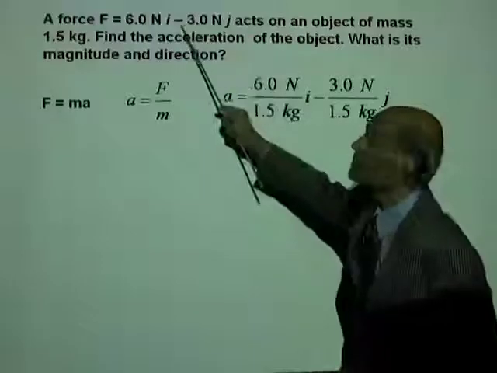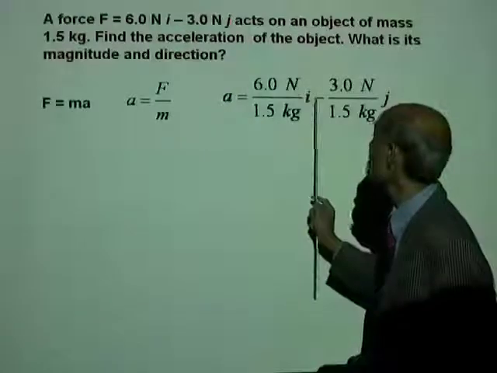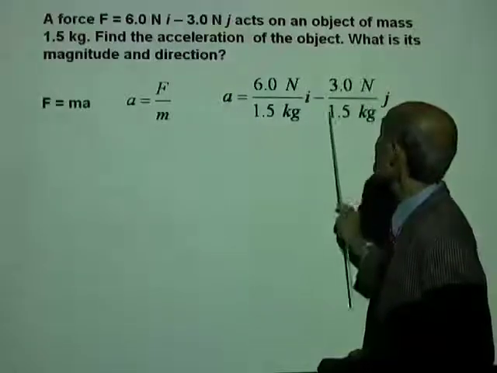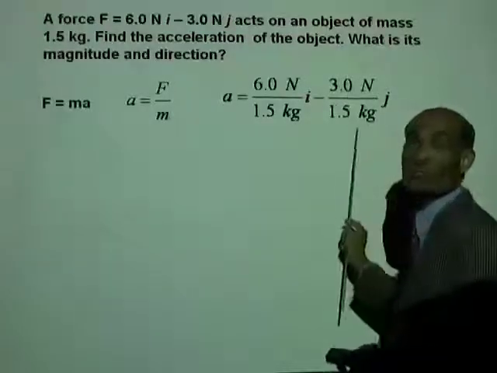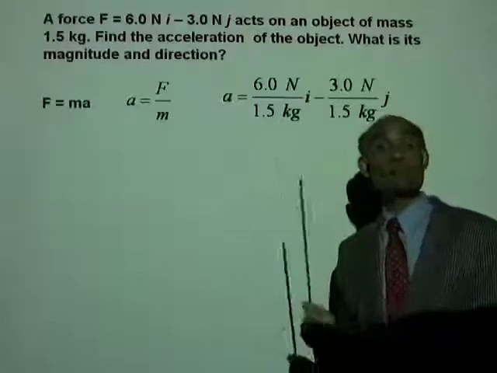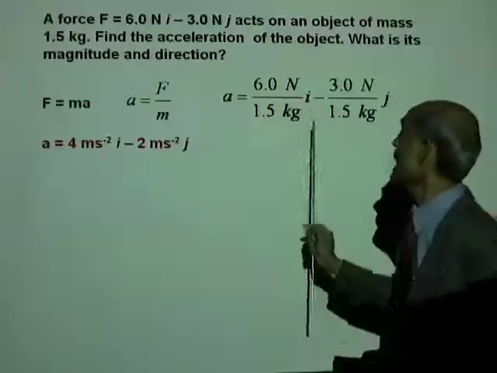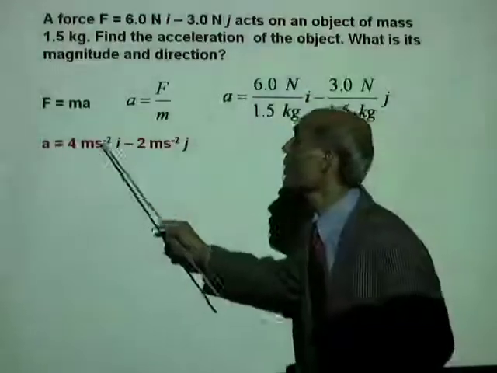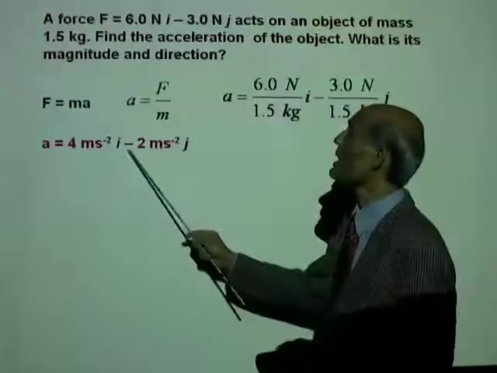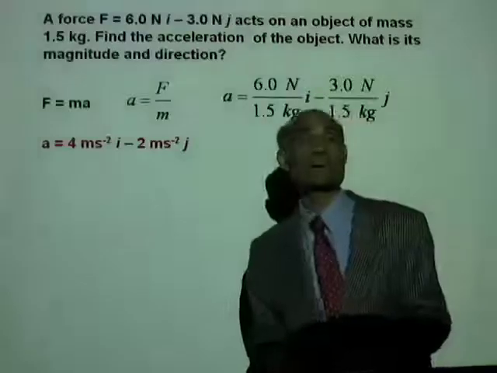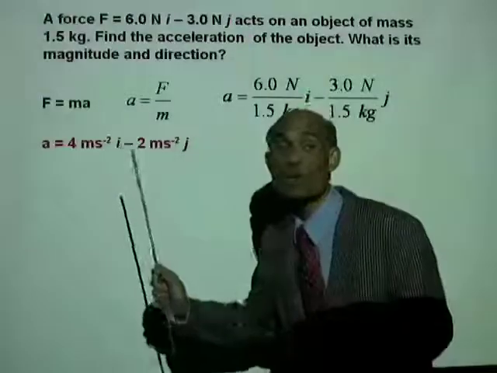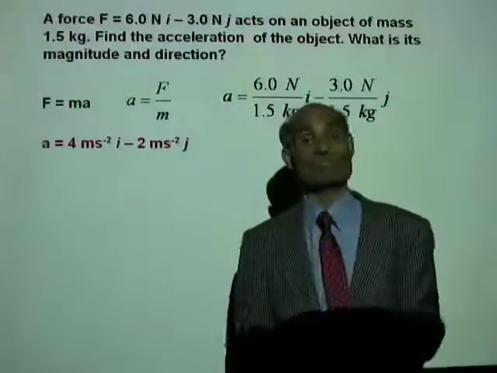Minus, why minus? Because the y force is negative. 3 Newton divided by 1.5 kilogram J, and this is the y component of the acceleration. And that will be A equals 4 meters per second squared I minus 2 meters per second squared J. This is the component form of the acceleration.